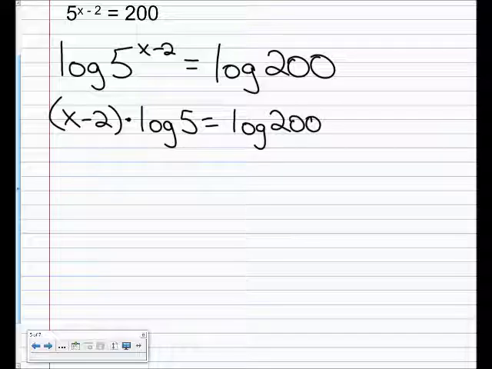Now, if you have your calculator, I want you to find where logarithm is on your calculator and type in the log of 200.